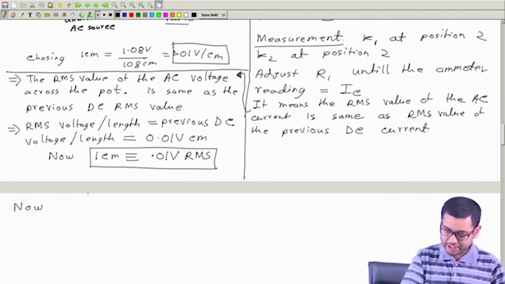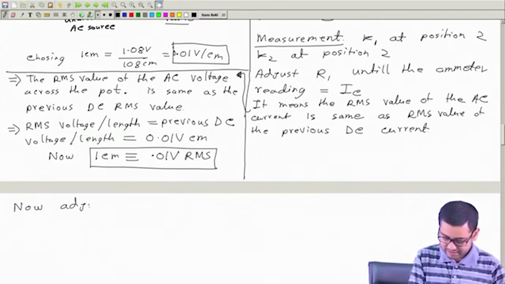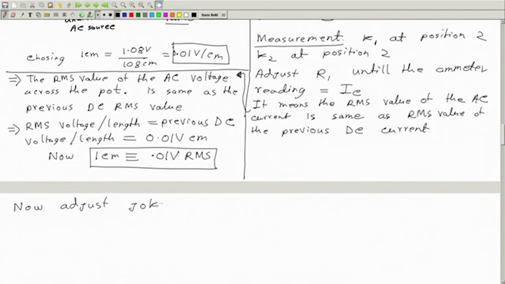So now in the measurement phase, adjust jockey to get the null.